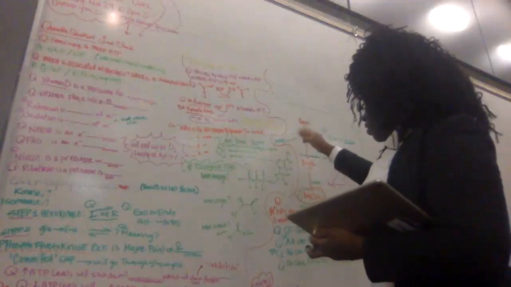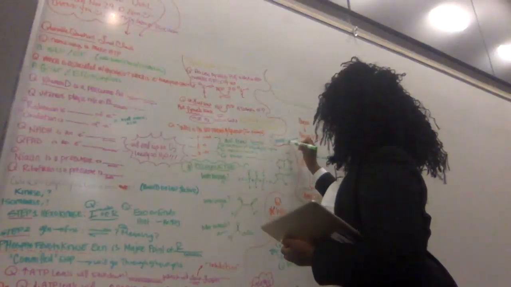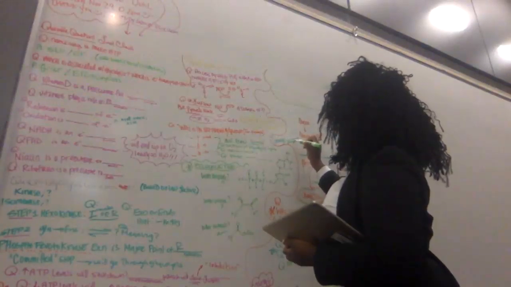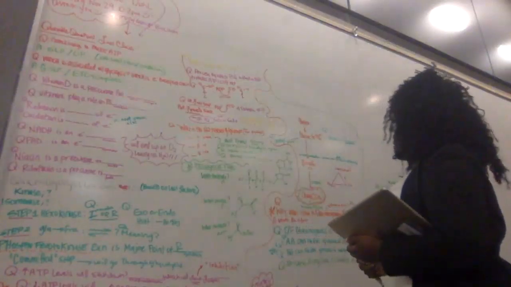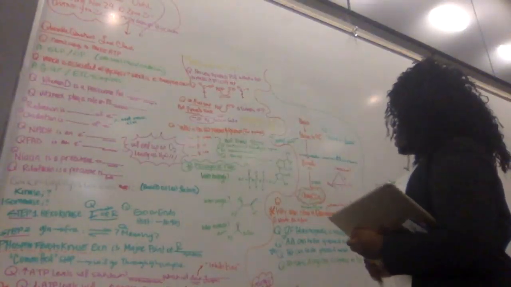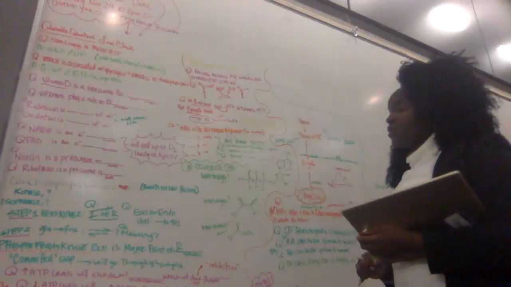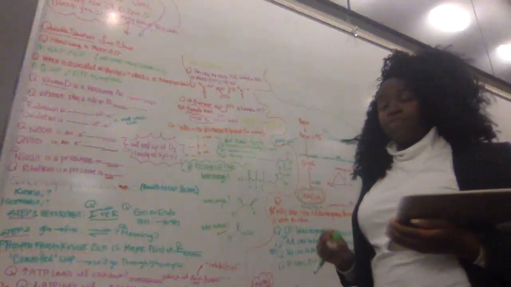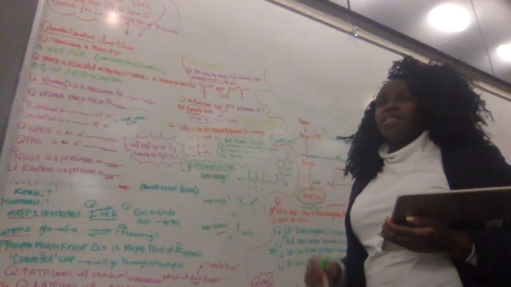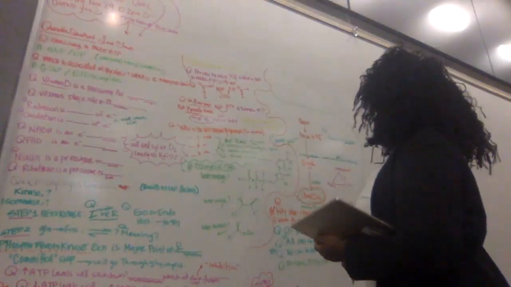So storage occurs by glycogen, and let me just write that down here. Perfect. And insulin is a hormone that makes that happen. And then if you want to release glucose, then it is released with epinephrine or adrenaline or one of those types of hormones that cause a release.